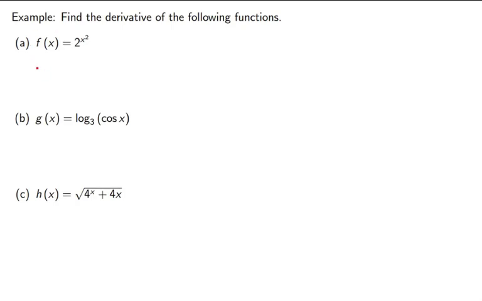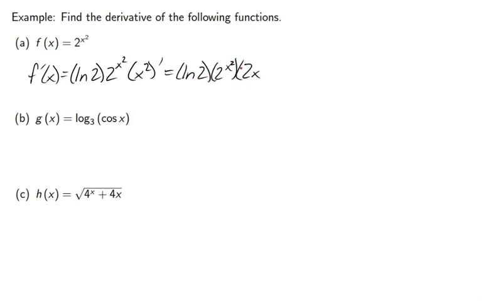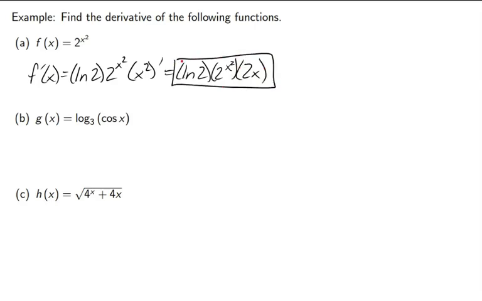For this one, we need the chain rule. And so we're thinking 2 to the u, where u is x squared. The rule for 2 to the u would be natural log of 2 times 2 to the u times the derivative of your u, the inside. So we get natural log of 2 times 2 to the x squared, and the derivative of x squared is 2x. You could clean that up a little bit, but I'm not going to.